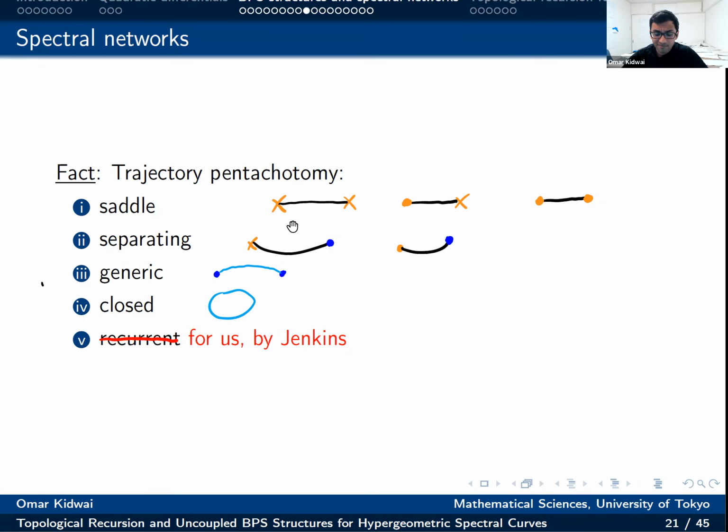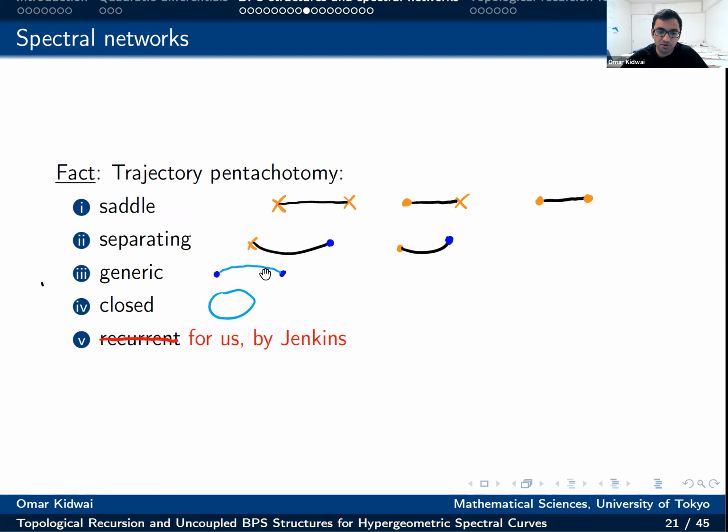If two turning points hit each other in the foliation, that's called a saddle trajectory. If I connect a turning point to a higher order pole, I call it a separating trajectory. And most of the trajectories will be what's called generic.